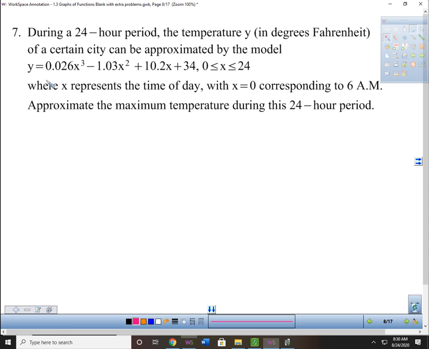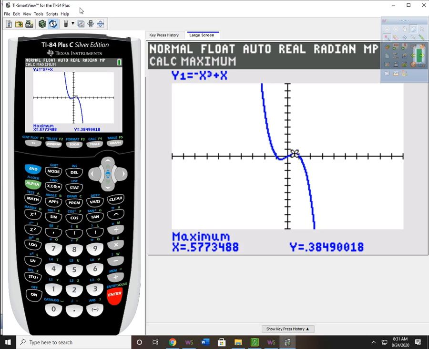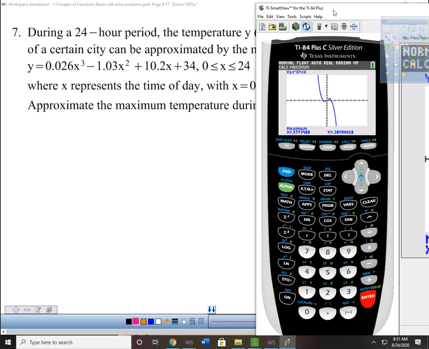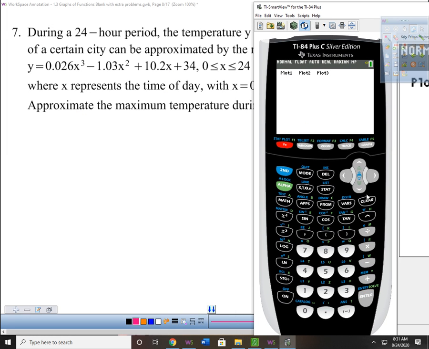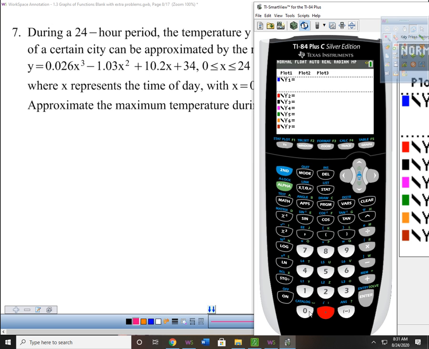So if we want to approximate the maximum, we can graph this, right? So we're going to do the same thing that we have been doing. I've got 0.026 x to the third. And remember, make sure after you do those exponents, you pop back down.